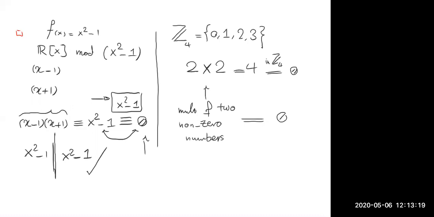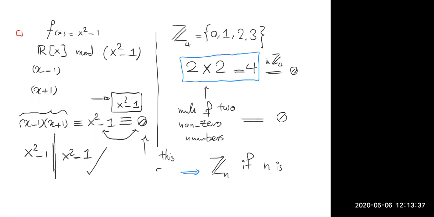Now, if you remember from the case of integers, this thing, that the multiplication of two non-zero numbers becomes 0, doesn't happen in Zn if n is, does anyone remember what condition we need on n?